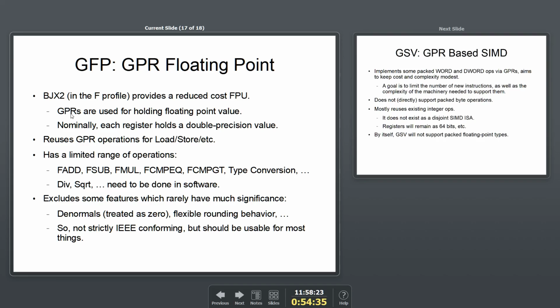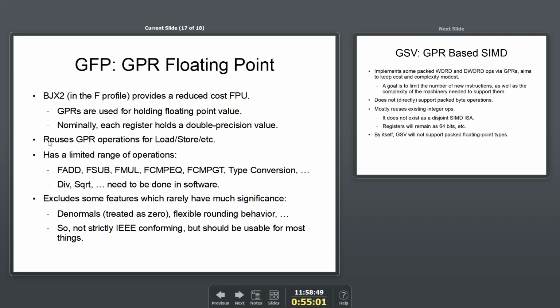So GPRs are used for holding the floating point values, and nominally each register holds a double precision value. You can hold single precision values, but you can't directly do arithmetic on them with these instructions.